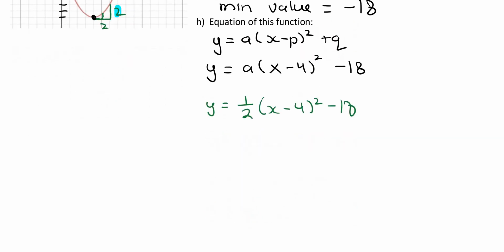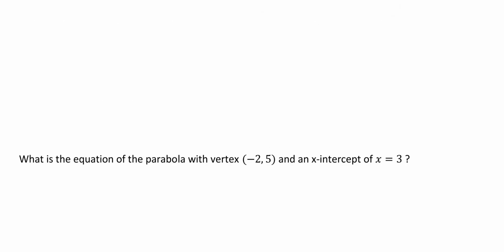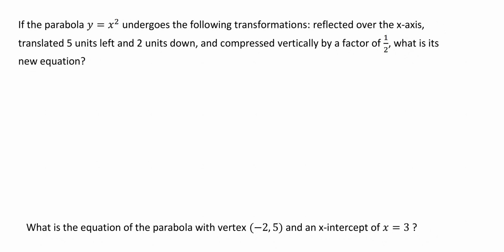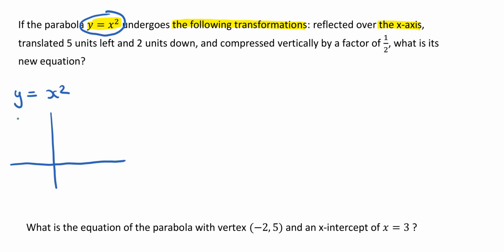Okay, let's see if we can do a few more. Go to the next page here. All right, so let's write a few questions where now we need to write the equation of the parabola. So we have y = x², and it undergoes the following transformations. It's reflected over the x-axis. Okay, so if I'm graphing y = x², this is a graph that you just need to know how to graph.